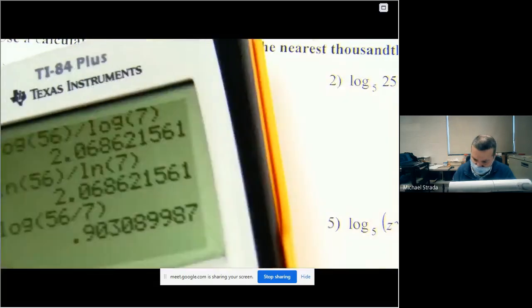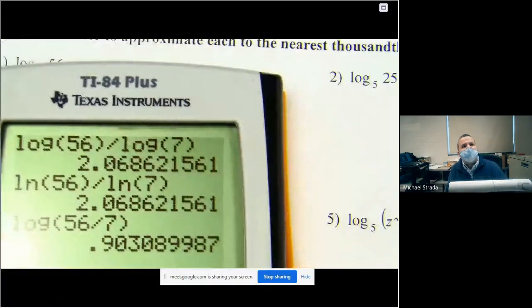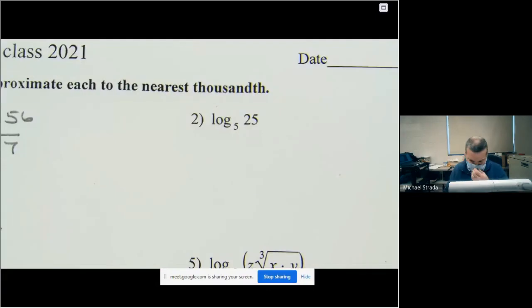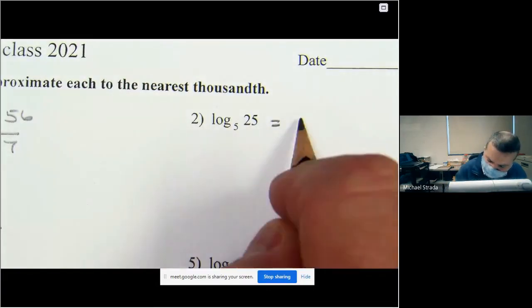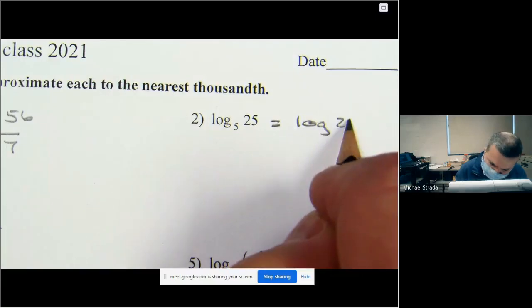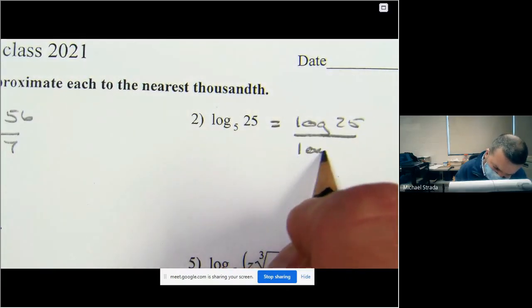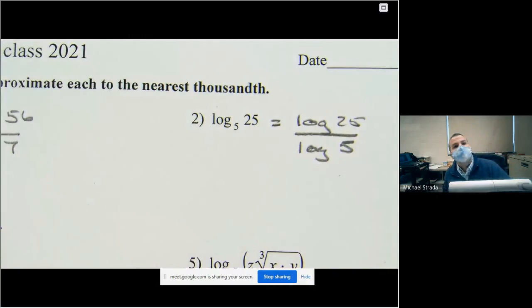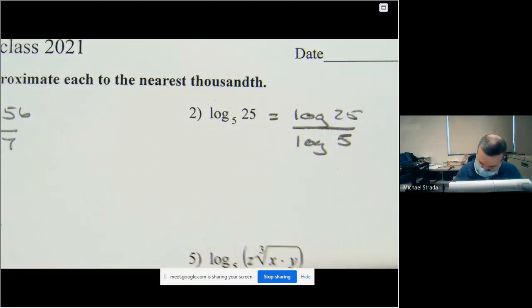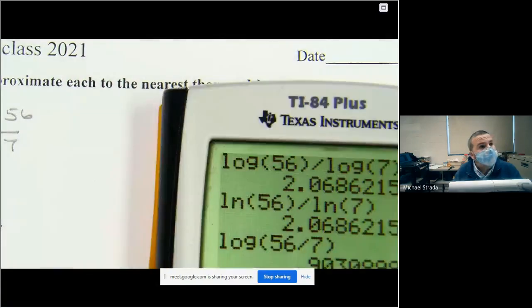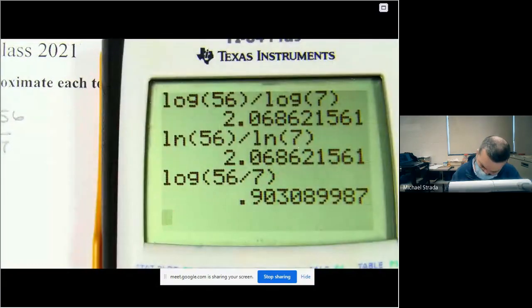It even works with ones that you can do without the calculator. For example, the log base 5 of 25 is the log of 25 divided by the log of 5. You will notice 25 is a power of 5. However, when you do it, log of 25 divided by the log of 5, you get the 2.